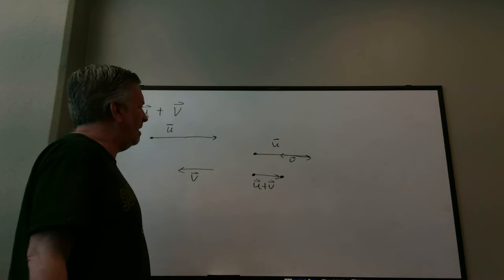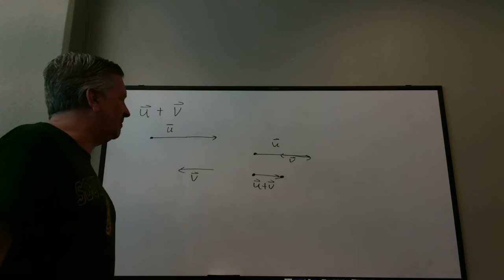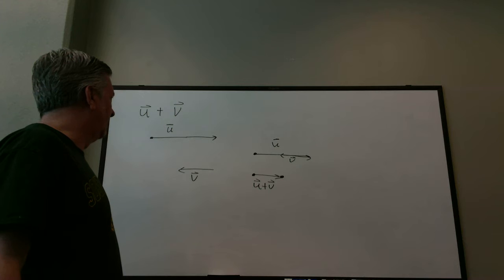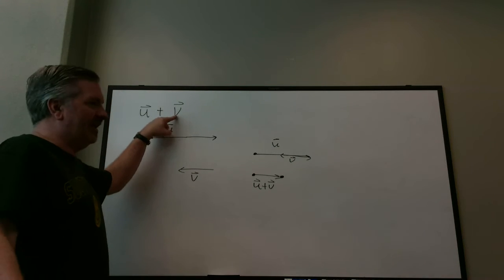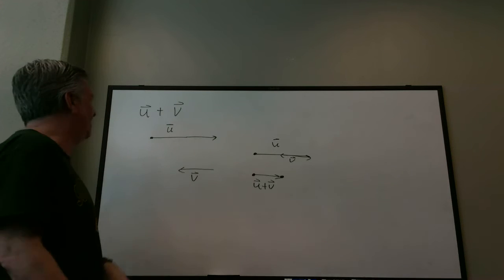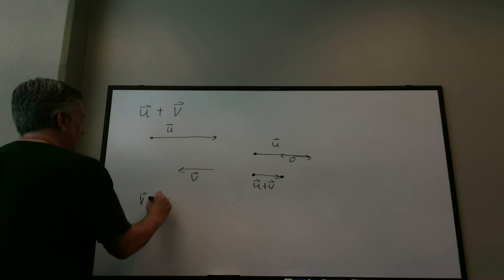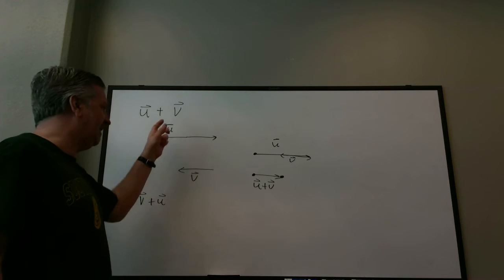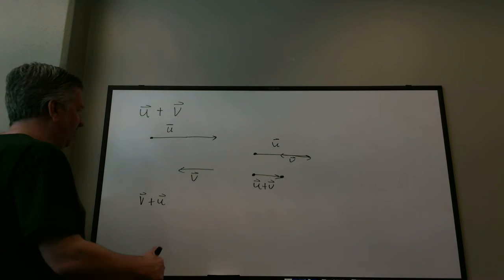Now, a common question students ask is, do you really have to be careful about the order you do these in? For u plus v, the definition says take the initial point of v and put it at the end of u. Is that the same as v plus u? In other words, instead of doing u and then v, what if I did v and then u? Well, let's try that on this example.